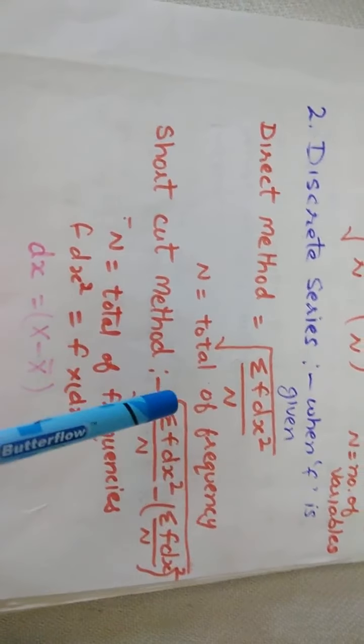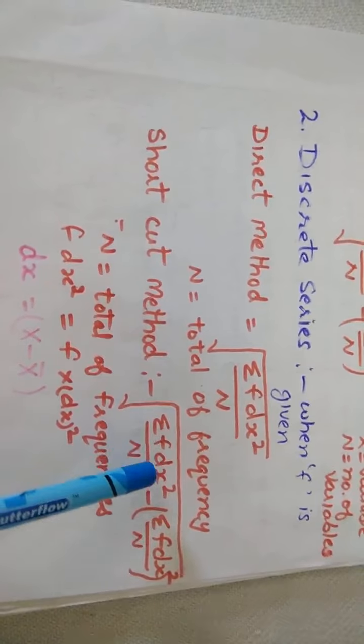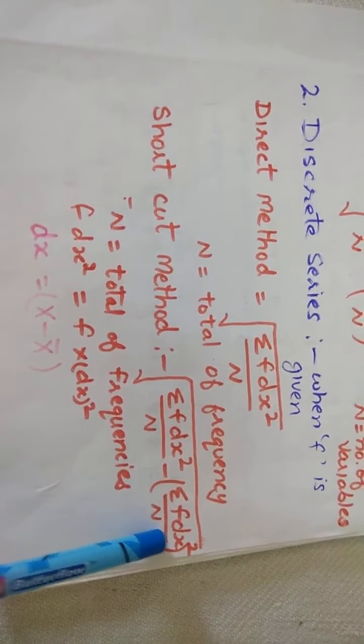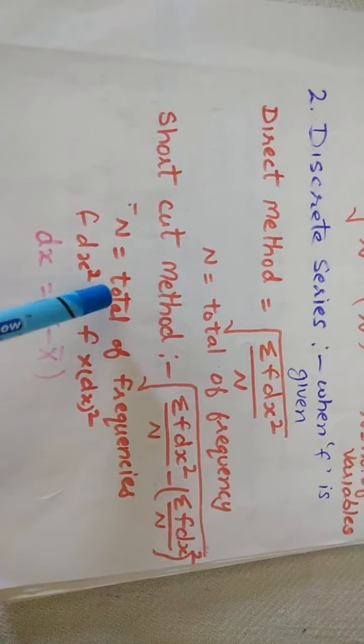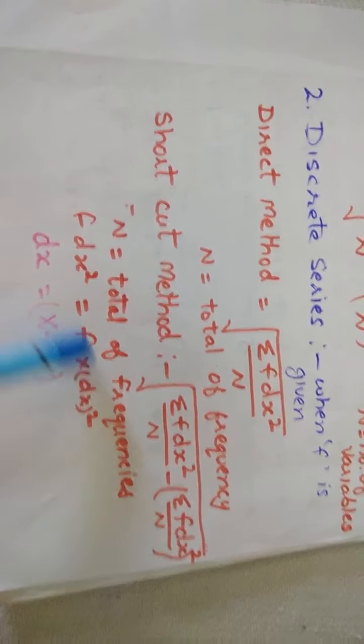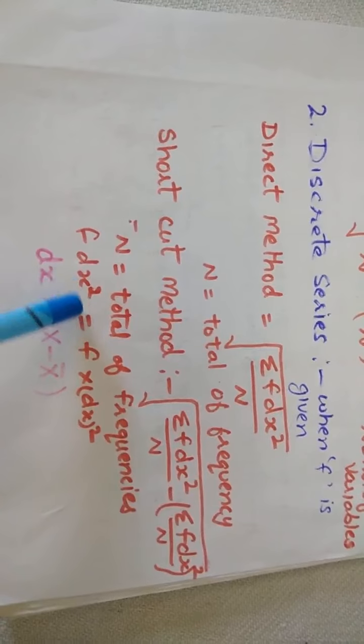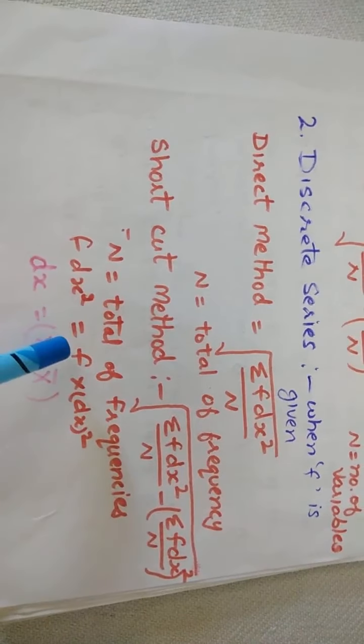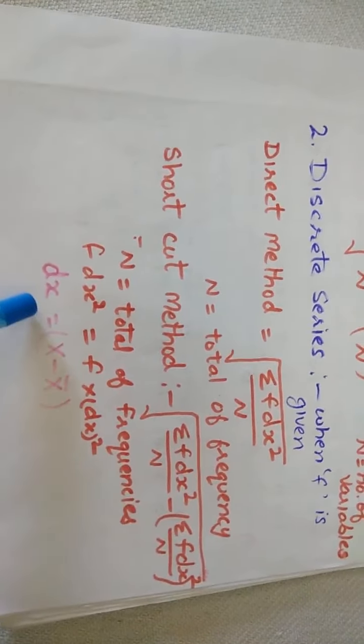Shortcut method: summation f dx square over n minus summation f dx over n whole square, whole under root. N is total of frequency. F dx square means square of dx multiply with f. Dx is deviation taken from mean.